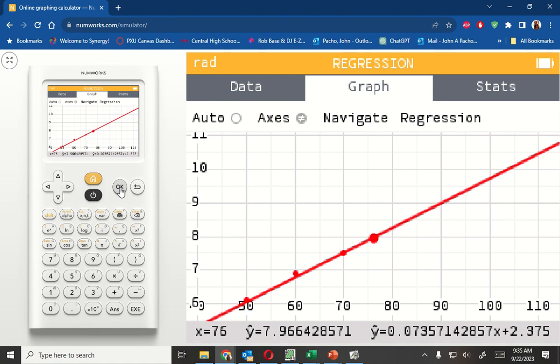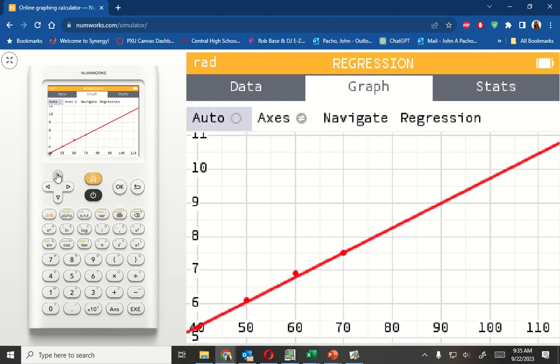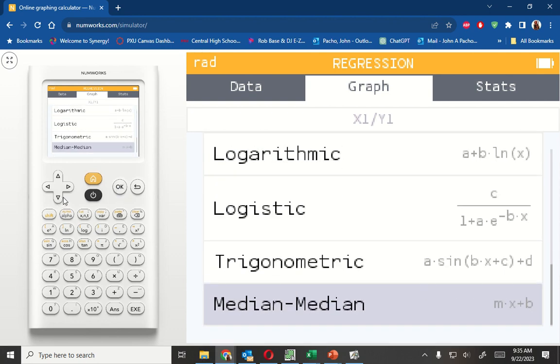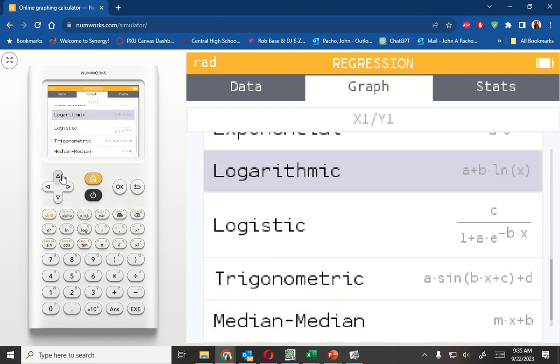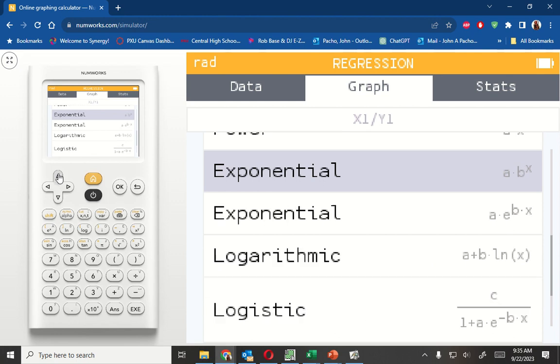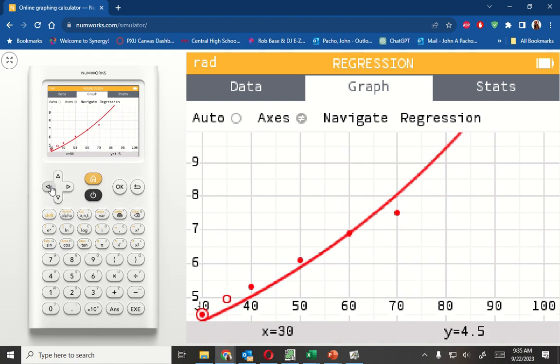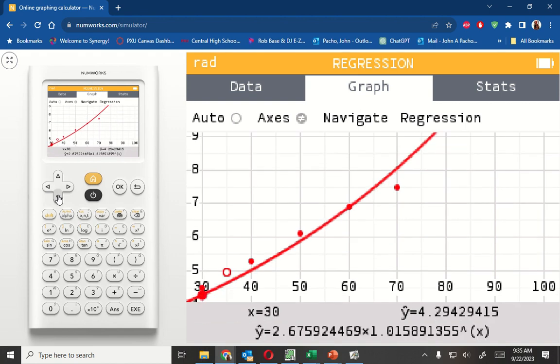Now we're checking the other regression. Let's go back and change this one back to the exponential.